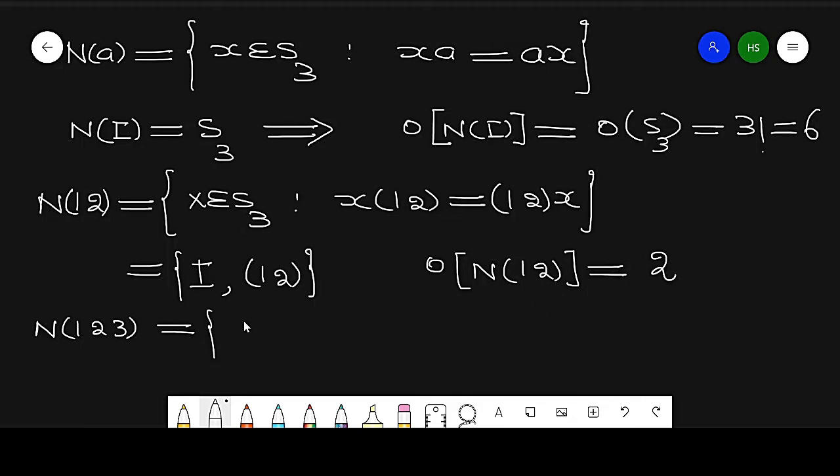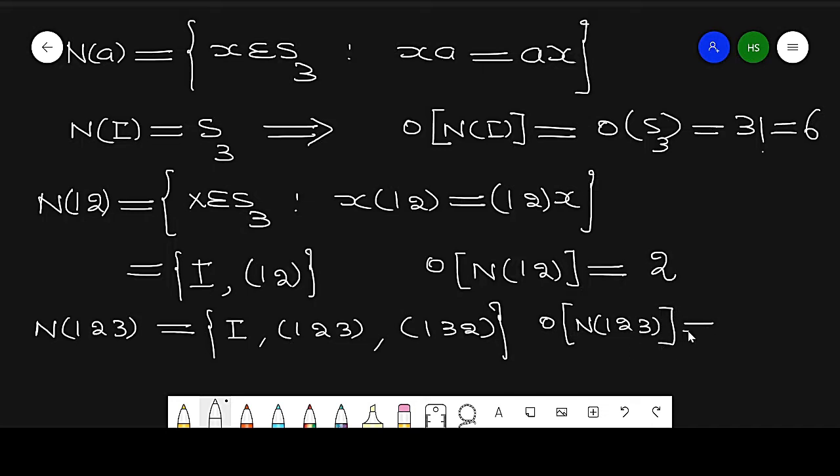And next is the normalizer of (1 3), which consists of the identity, (1 2 3) and (1 3 2). So the normalizer of (1 2 3) consists of only 3 elements. So the normalizer of the identity has 6 elements, the normalizer of (1 2) has 2 elements, and the normalizer of (1 2 3) has 3 elements.